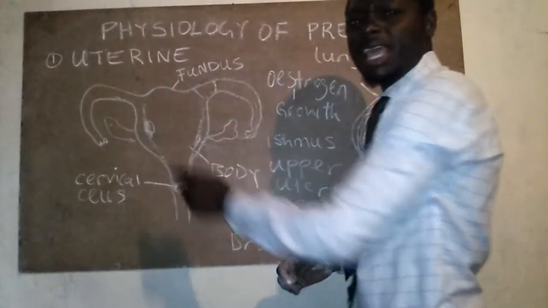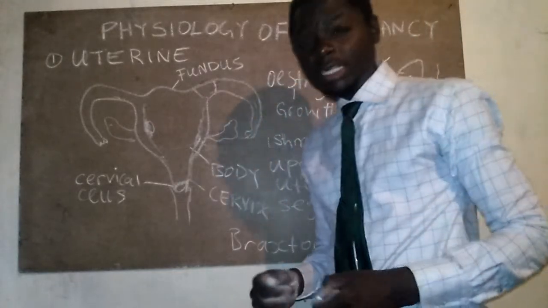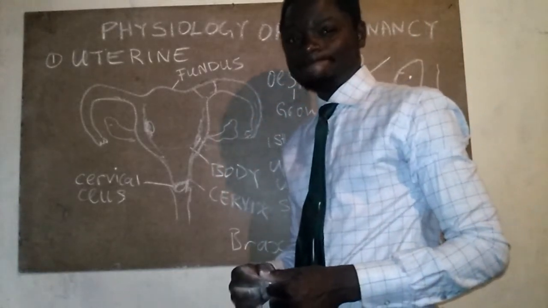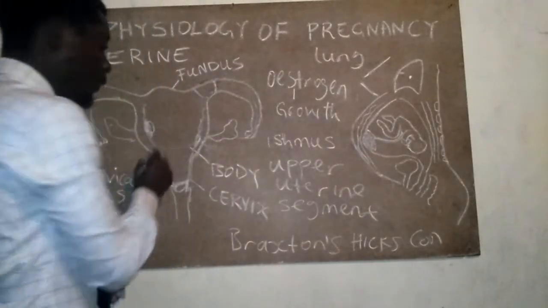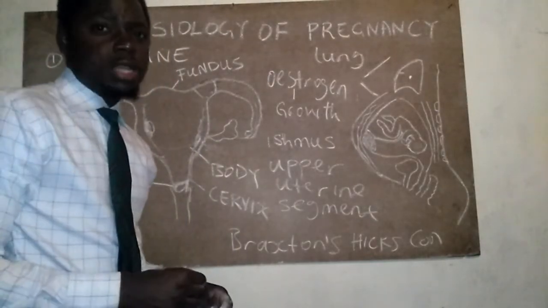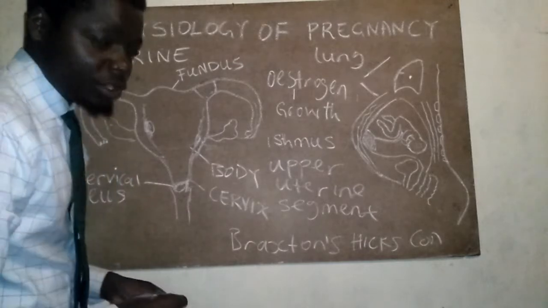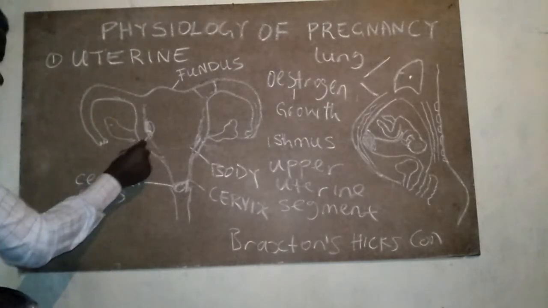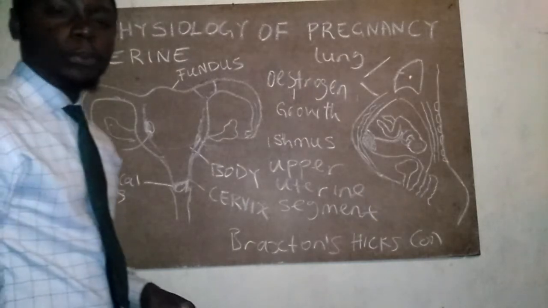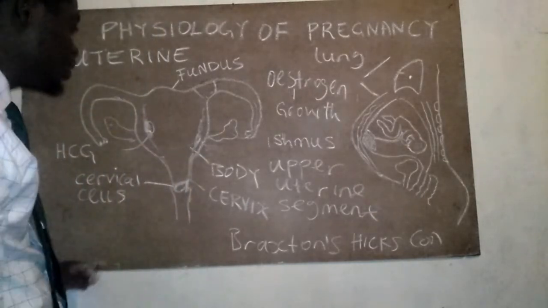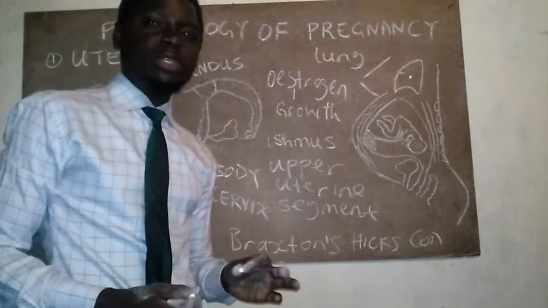Once the zygote has implanted itself in the uterus, they are going to produce a hormone called human chorionic gonadotrophin, the HCG. And that's a hormone of pregnancy that will stimulate the production of hormones in pregnancy.